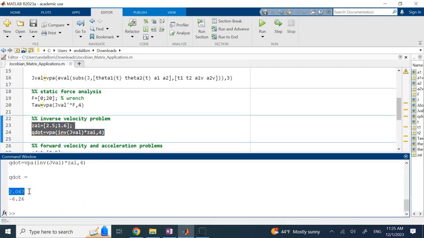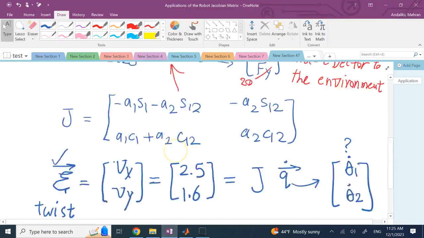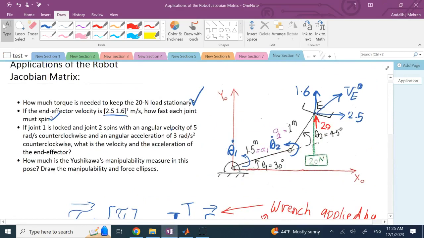You see 2.067 counterclockwise and 6.26 clockwise, right? Negative means clockwise, positive means what? Counterclockwise. So now you can see how fast each joint should spin. So that's the second problem.